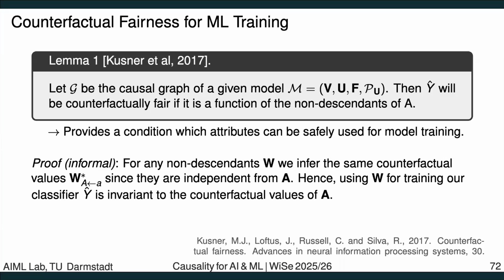But informally, if you think about this, or maybe remember the graph we had in the beginning with the confounders and colliders, basically what it means is we need to condition on confounders. And the problem there is we need to marginalize out all of these effects.